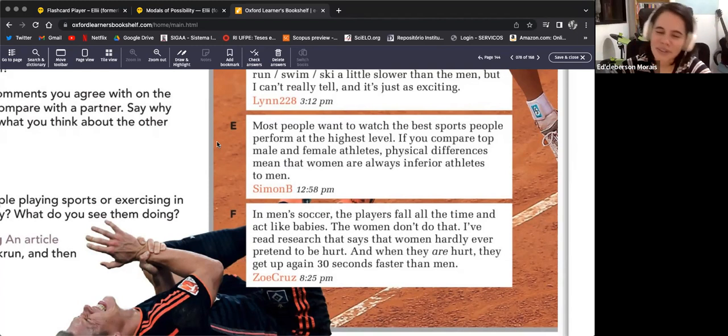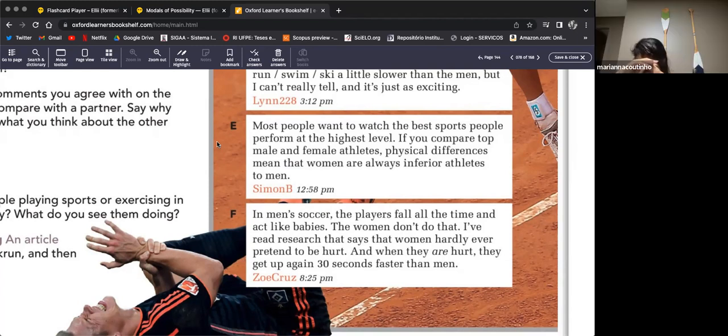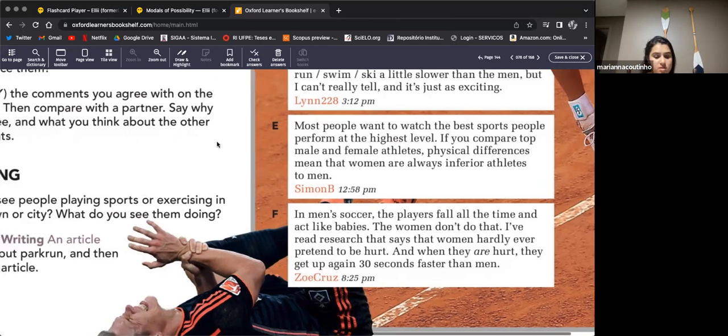Letter F. In men's soccer, the players follow the team and act like babies. The women don't do that. I've already researched that says that women hardly ever pretend to be hurt, and when they are hurt, they get up again 30 seconds before the men. Polêmico.